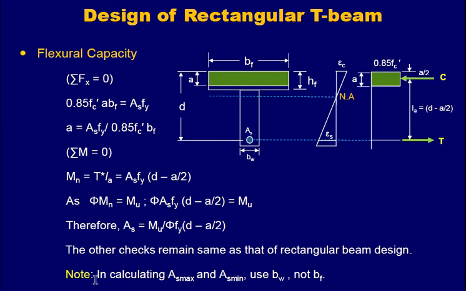However, when you are talking about As maximum and As minimum, you are using this area, because you are designing steel for this tension part, and for the tension part, the tensile steel is in the web, not in the flange. So if you are designing for the web, you have to use the values of BW and not BF.